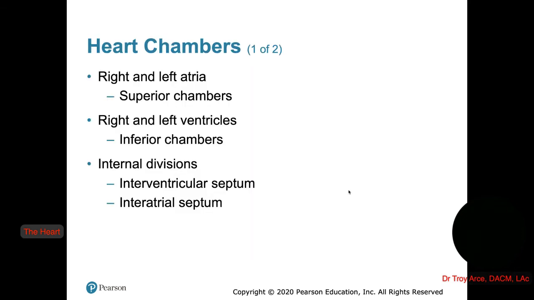Heart chambers, as I said before, the superior chambers are your right and left atria, and your bottom chambers are your right and left ventricles. You have internal divisions that separate the atria and ventricles, called the interatrial septum and the interventricular septum.